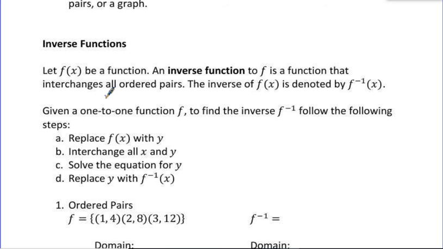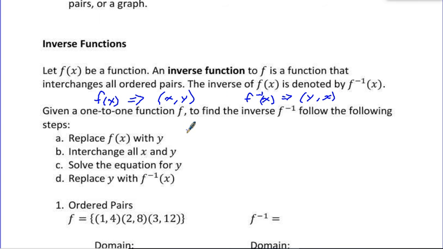You see, function f of x has ordered pairs x, y, where f inverse of x, the inverse of function x, is going to have ordered pairs y, x. So we just switch all of the x's and y's.